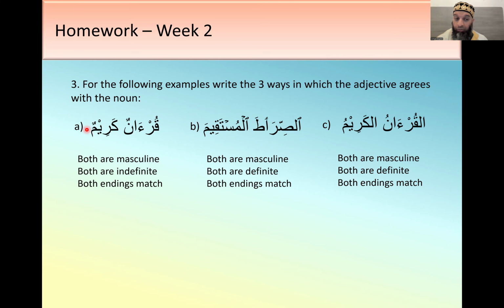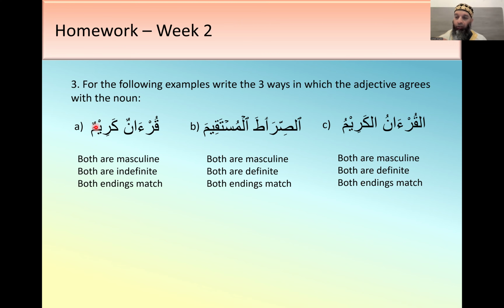If it ended in a ta marbuta, it would have been feminine, and then this word would also be feminine. But this is masculine, this is masculine. They are both indefinite. There's no al here, there's no al there. And both the endings are matching, a double dhamma there and a double dhamma here.